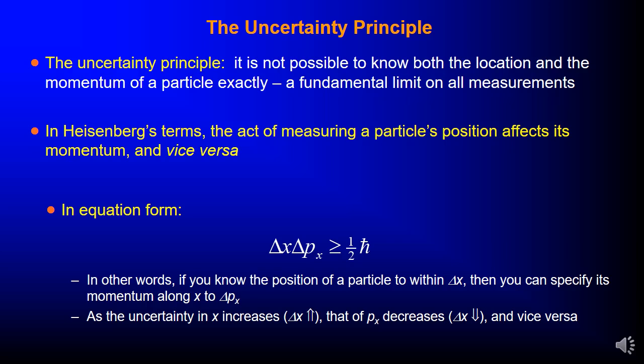Heisenberg's terms: the act of measuring a particle's position affects its momentum and vice versa. That is explained by this equation here. In other words, if you know the position of a particle to be within Δx, then you can specify its momentum along x to Δpx.